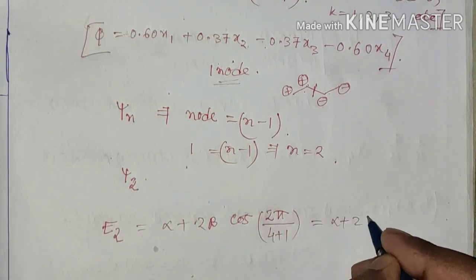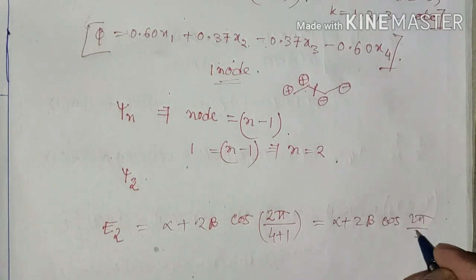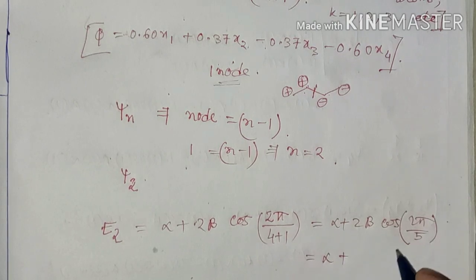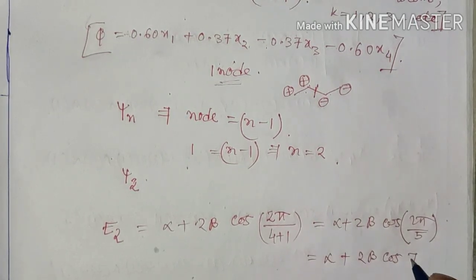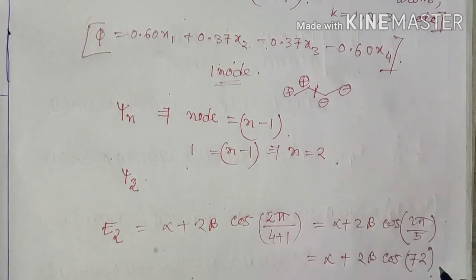So alpha plus 2 beta cos 2 pi by 5. That means 2 beta cos 72, since 2 pi means 360 divided by 5 is equal to 72.